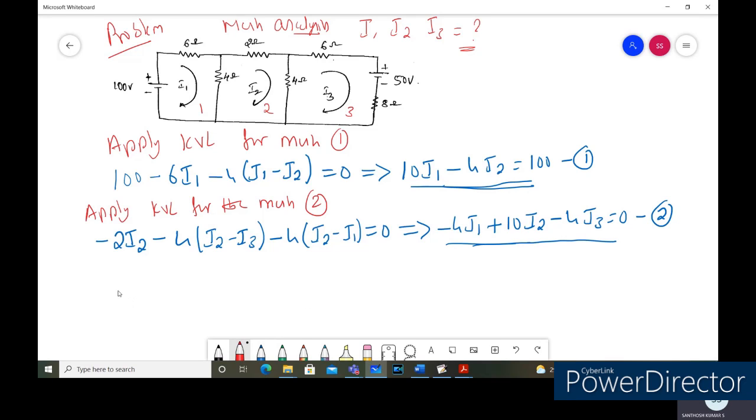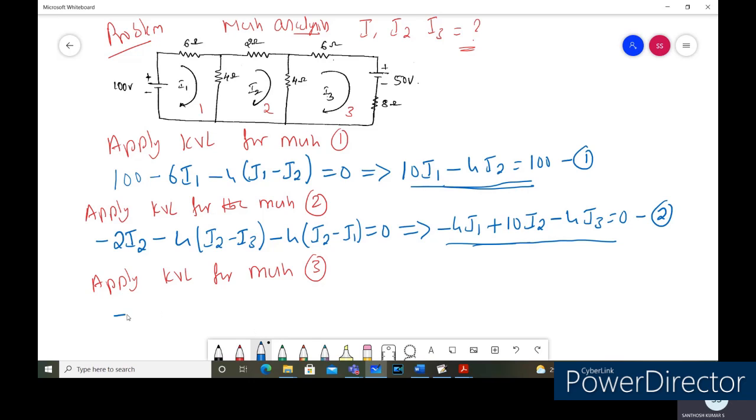Now we'll apply the KVL for the mesh 3. So this is the mesh 3. We'll apply the KVL from the voltage source with the assumption that if the current is entering positive, leaving negative, it's a drop in the voltage. We need to consider with the minus sign.